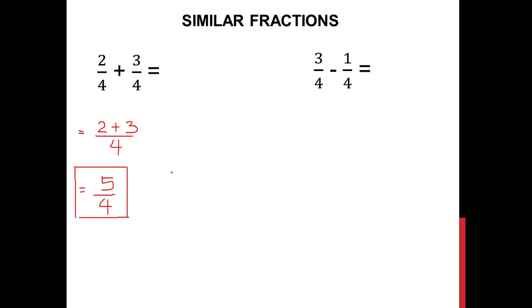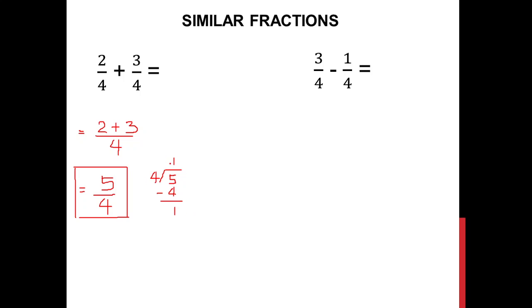We just divide the numerator by the denominator. So we have 5 divided by 4, you have 1. 1 times 4, that's 4. Then subtract, 5 minus 4, that's 1.